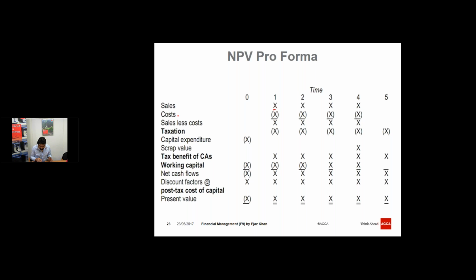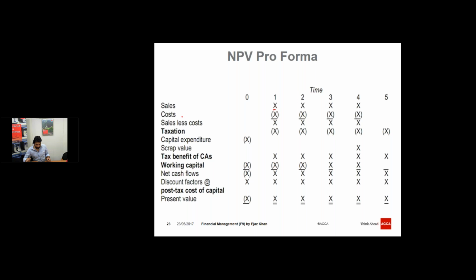Then we'll take the operating costs. The operating costs will include both variable costs and fixed costs. So variable costs will always be considered relevant in net present value calculation, whereas the fixed costs will usually be treated as relevant, but in some cases they might be treated as irrelevant, where the question has expressly mentioned that the fixed costs will not be affected by the project.